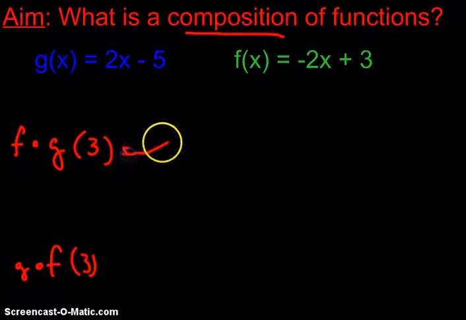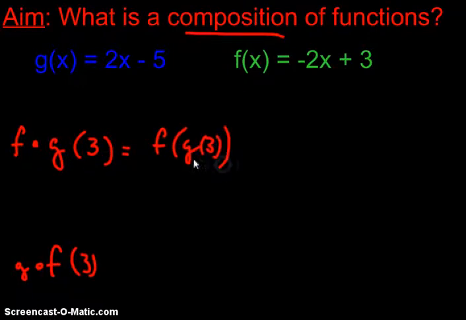Now, for whatever reason the pen doesn't want to stop writing. Okay, so this is what this means. This means f of g of 3. It's written like this, but we're actually going to be working from the inside out.